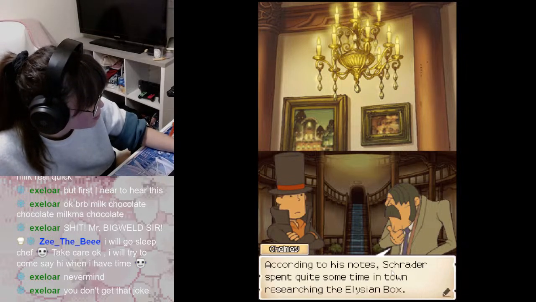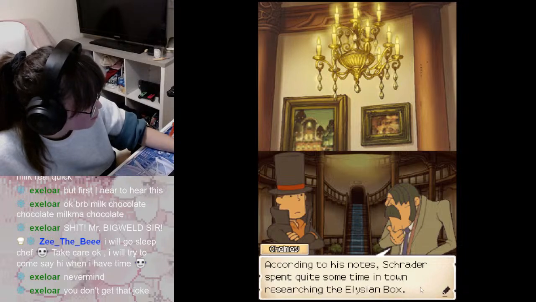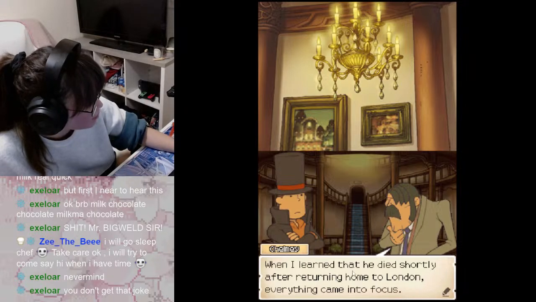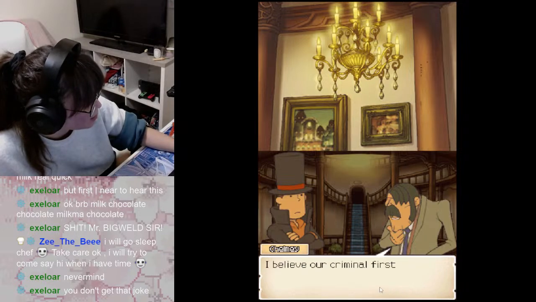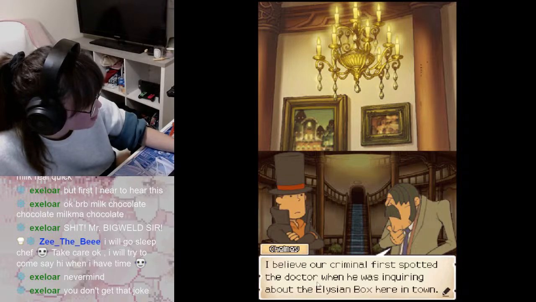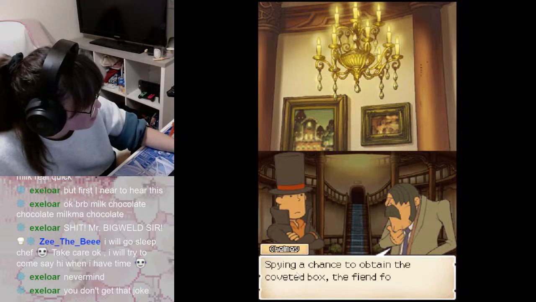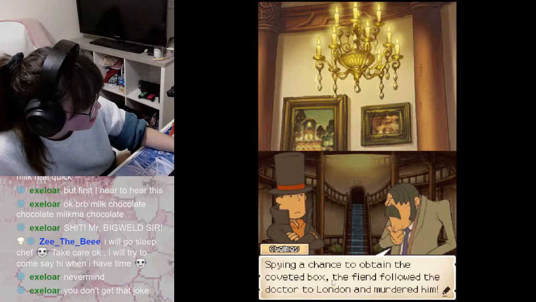According to his notes, Schrader spent quite some time in town researching the Elysian box. When I learned that he died shortly after returning home to London, everything came into focus. I believe our criminal first spotted the doctor when he was inquiring about the Elysian box here in town. Buying a chance to obtain the coveted box, the fiend followed the doctor to London and murdered him.